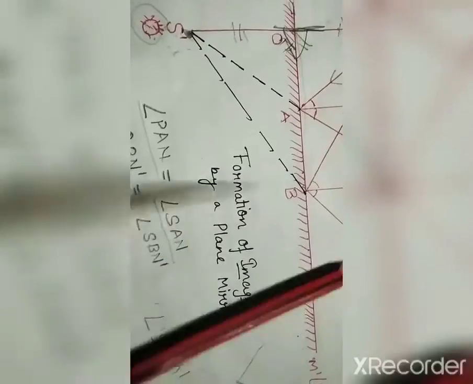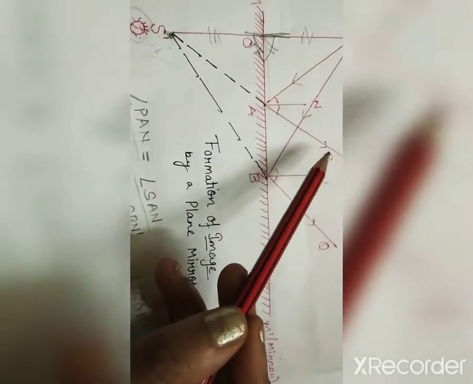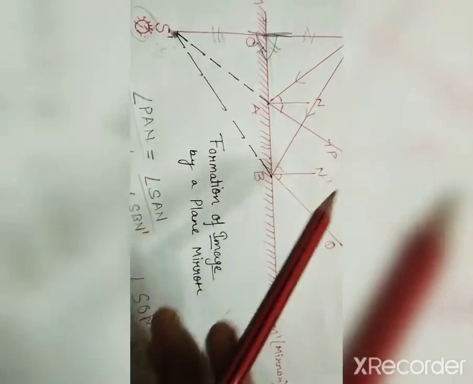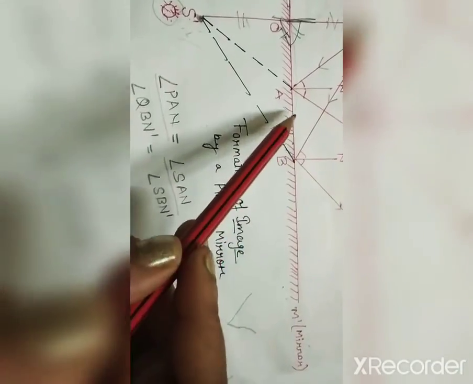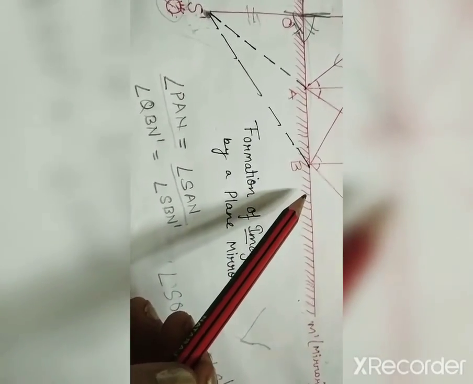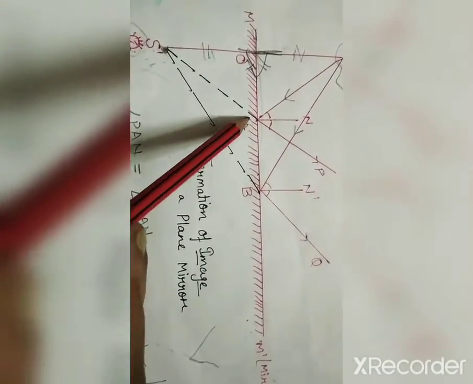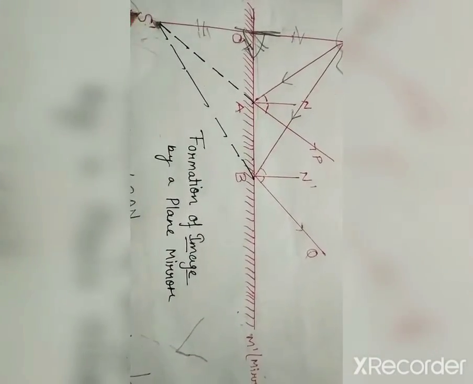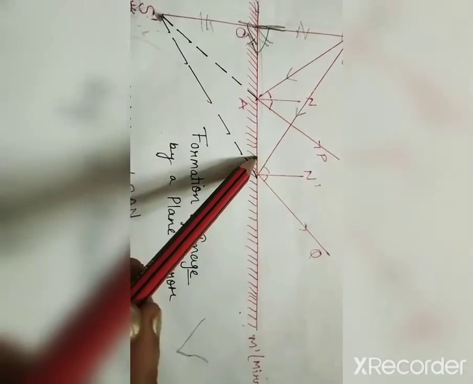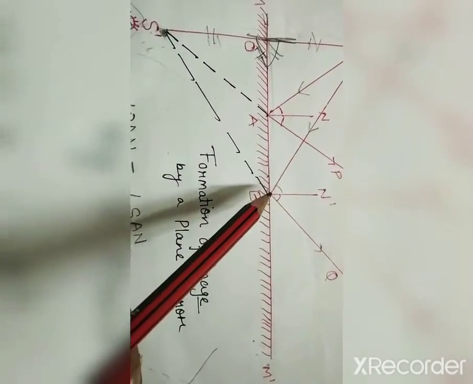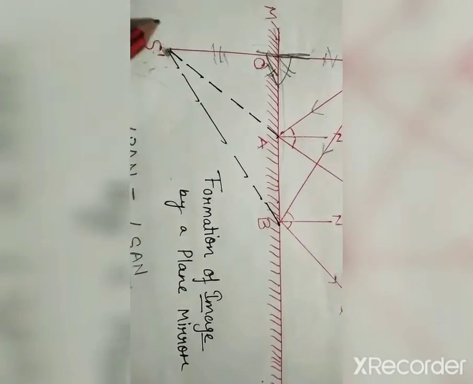In the above case, the two reflected rays AP and BQ are going away from each other, and when we produce them backwards, they appear to meet at a point S dash. Here the rays reflect back, but when we produce them backwards, they meet at a point S dash.